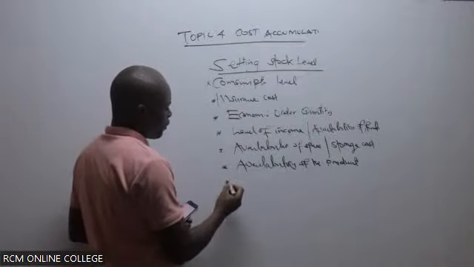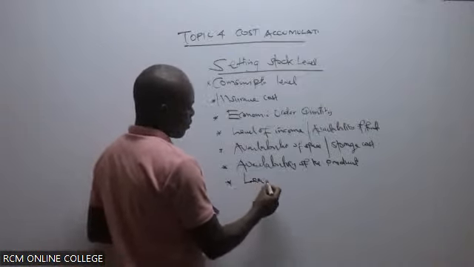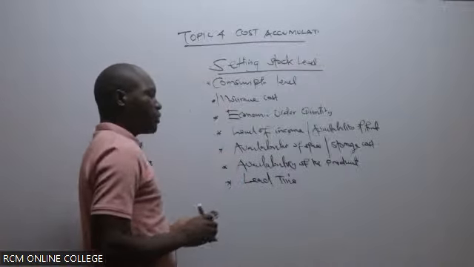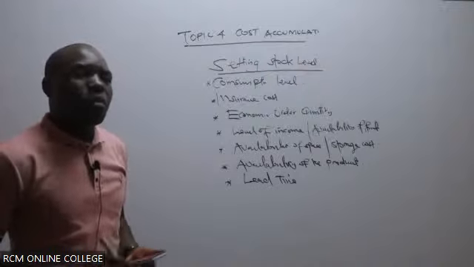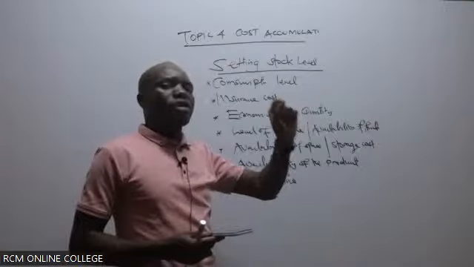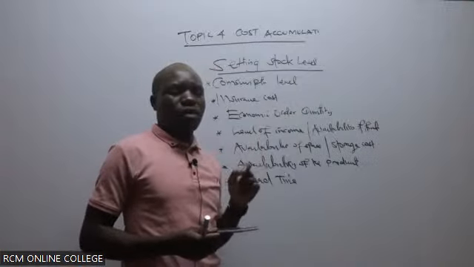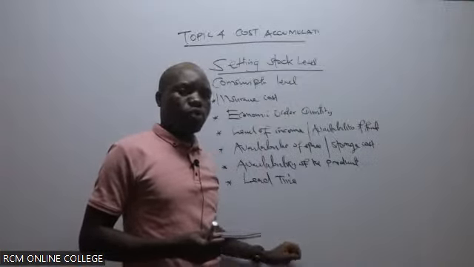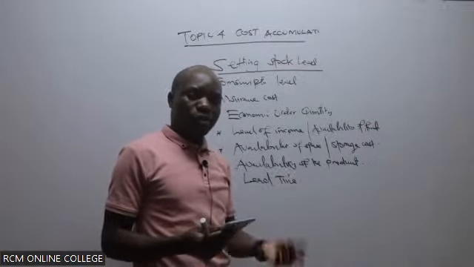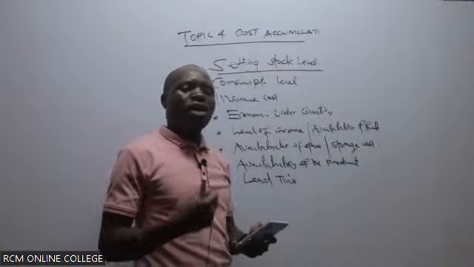Again, we have what we call lead time. Lead time is the time taken between placing an order and receiving the goods. I want to order a product. I get to my phone, maybe the online platform, I place an order, do the payment.